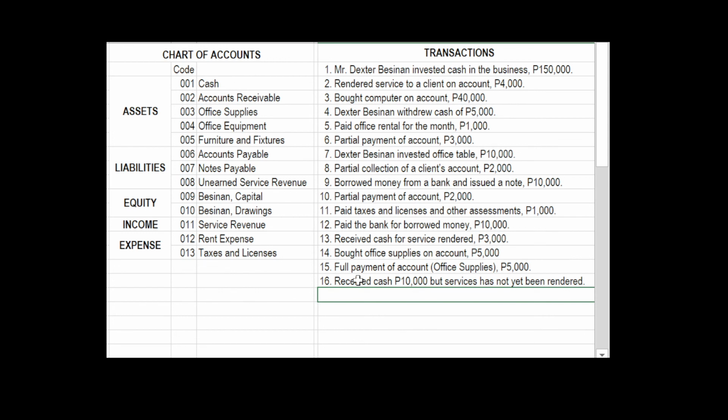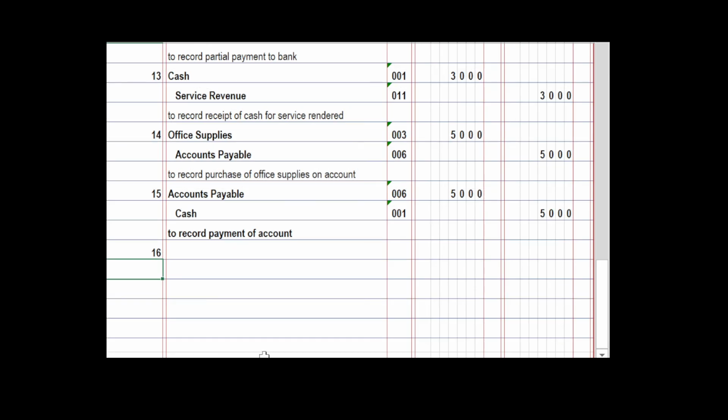So, debit tayo ng cash, syempre naka-receive tayo, and then credit tayo ng utang. So, yung gagamitin natin na account title for liabilities is itong unearned service revenue. Okay, so yun yung gagamitin natin.